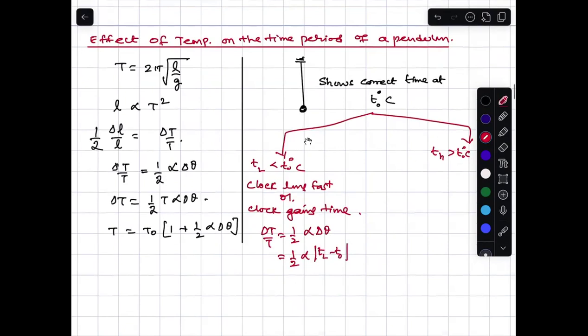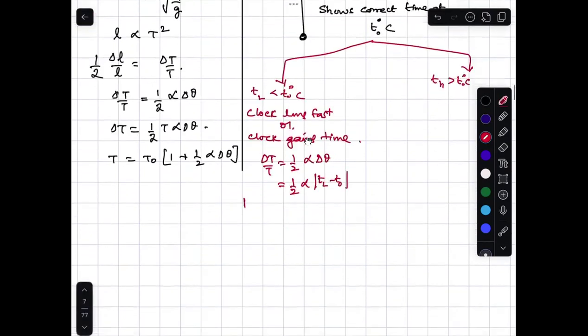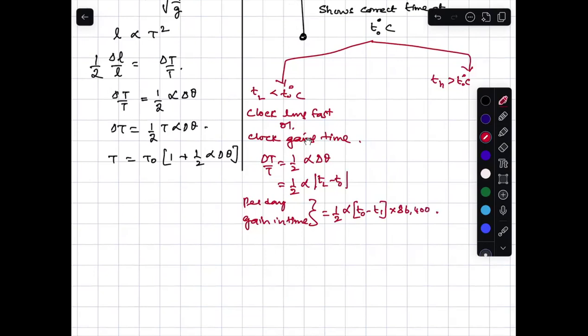So per day, gain in time is half alpha (T naught minus T L) times 86,400, because per second, that is the variation.